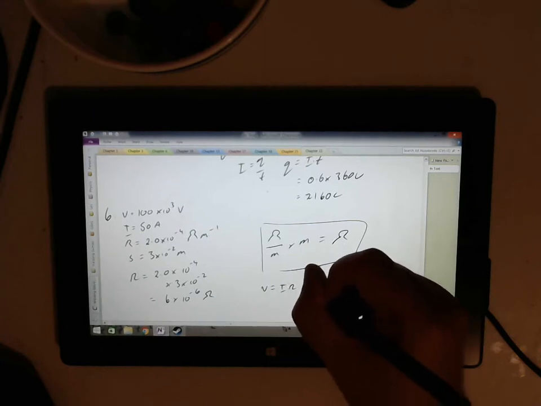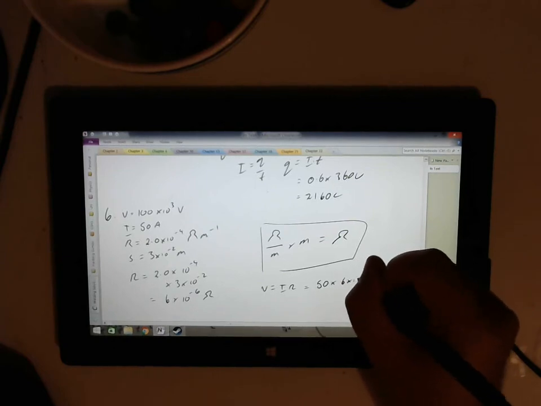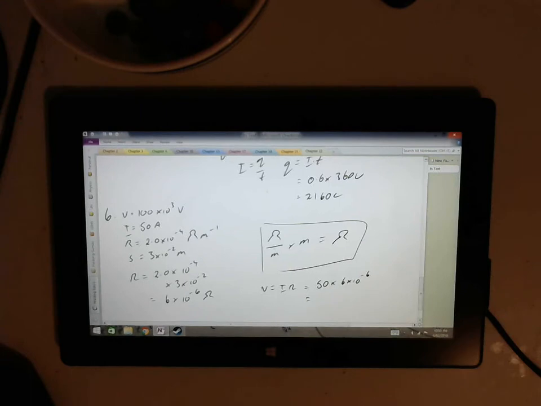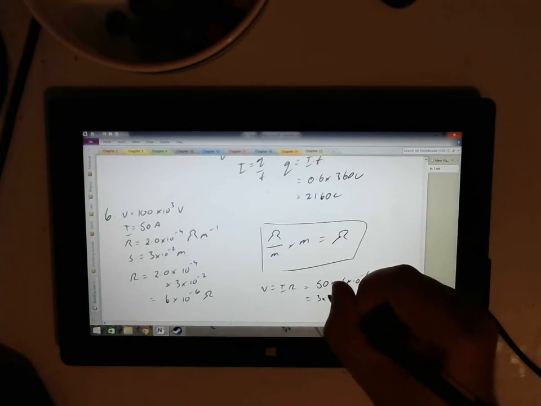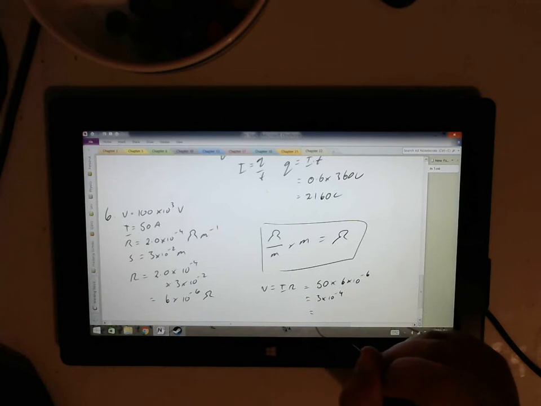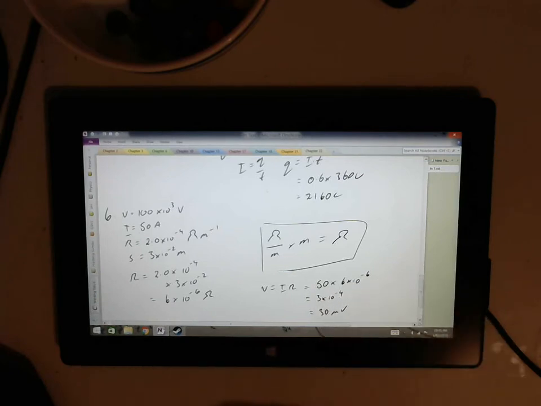I equals 50 amps, times 6 times 10 to the negative 6, gives us 3 times 10 to the negative 4, which would equal 30 millivolts.